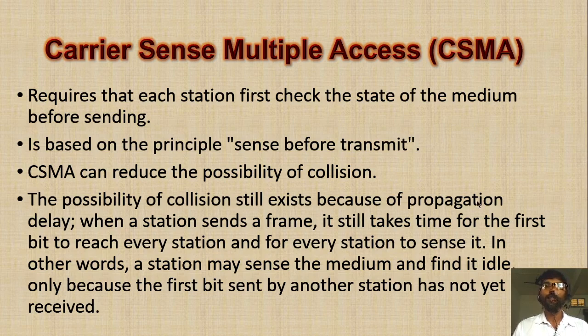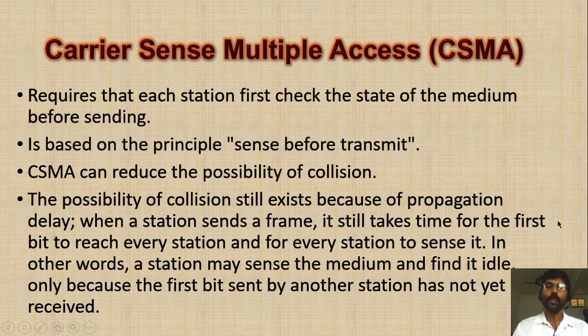There is still a possibility of collision because of the propagation delay of the data transfer. When a station sends a frame, the first bit of the frame should reach every station, but it takes some time to reach every station.